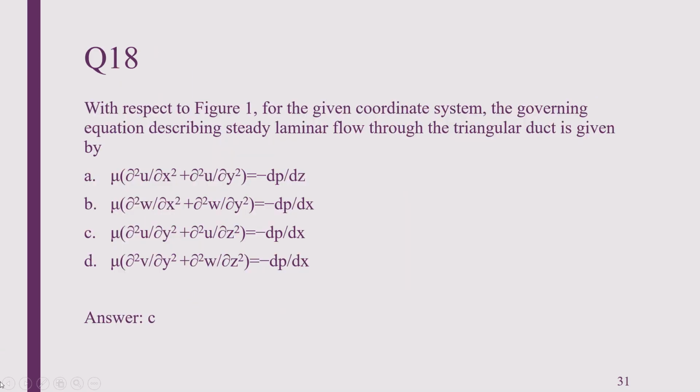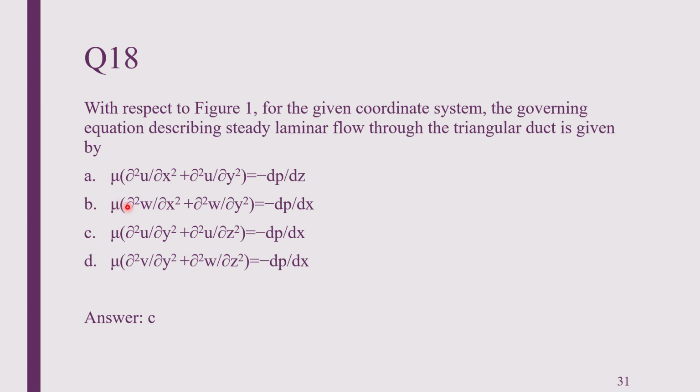So in question 18, we'll see what the question is. With respect to figure 1, for the given coordinate system, the governing equation describing steady laminar flow through the triangular duct is given by: A, mu times (dou square u by dou x square plus dou square u by dou y square) is equal to minus dp by dz.